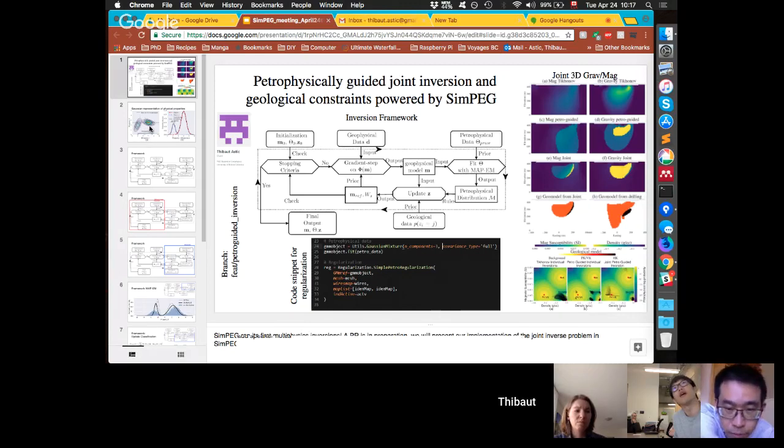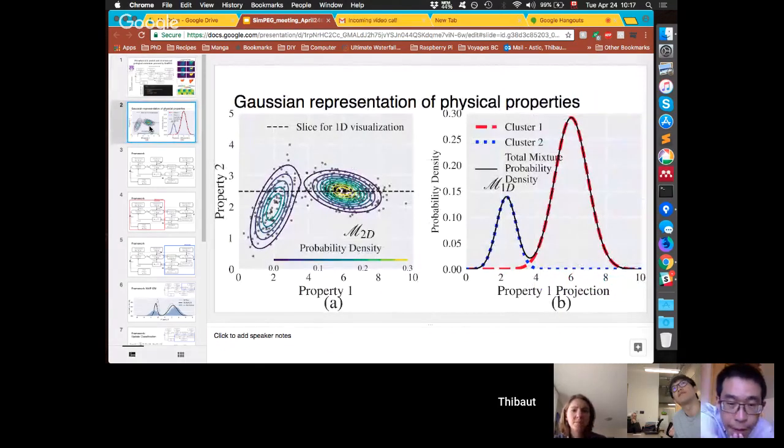Just as a quick snippet, that's my representation of the physical property. A Gaussian mixture is basically just a weighted sum of Gaussians. For example, if I have two physical properties and two units, that will be two Gaussians that represent it.